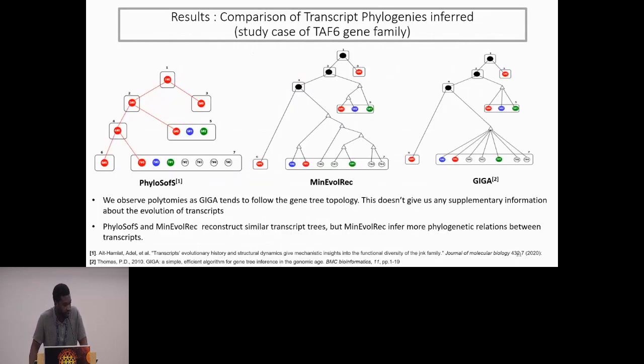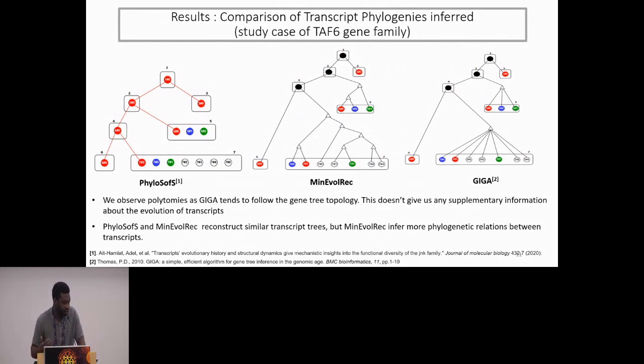We further compare our method with Philosoft and Giga on the TAF6 gene family. The transcripts at the leaves colored in the same color are clustered in the same group, except the transcripts in white. Transcripts in white are orphans, so they are unique in their clusters. Considering Giga, the one most at the right, we can observe polytomies that do not give us any supplementary information about the evolution of transcripts.